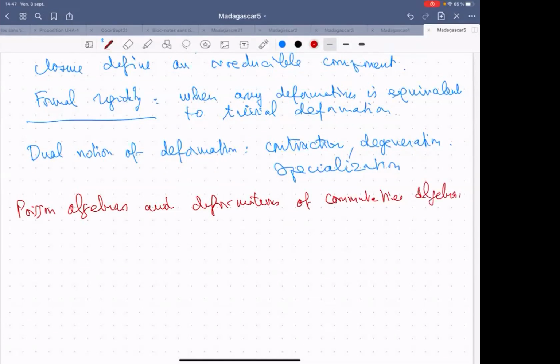We start with, okay, maybe I should define what a Poisson algebra is. A Poisson algebra is given by a vector space, a multiplication and a bracket, where A with the dot is a commutative associative algebra.